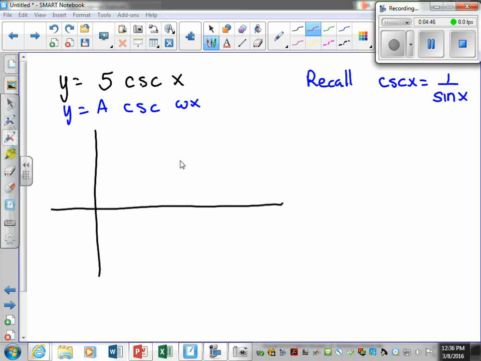This is where our amplitude is going to be. Amplitude would be 5, and period is 2 pi over omega. In this case, our omega is a known 1, so it's just 2 pi over 1, which is just 2 pi. So that means 1 revolution in 2 pi.